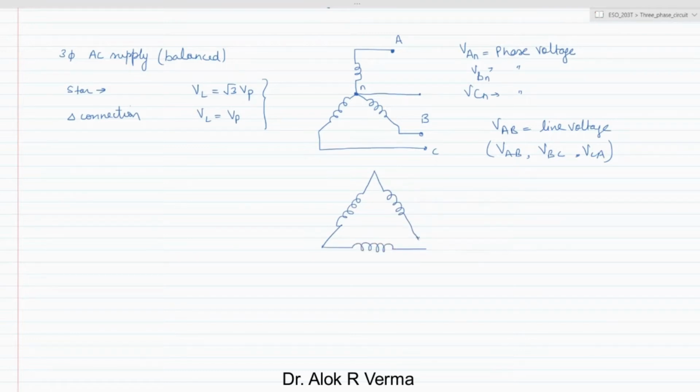Here you can see clearly phase A, B and C. So the phase voltage VAB is nothing but the line voltage between the terminals A and B. So phase and line voltage, VAB, VBC and VCA, where the line and phase voltages are same. This is what we have seen.